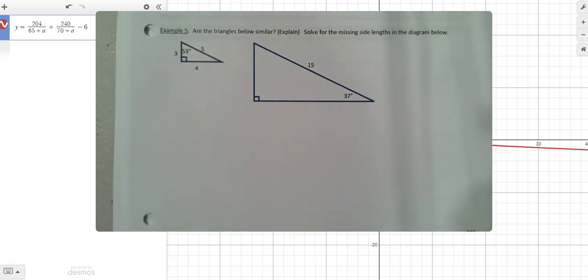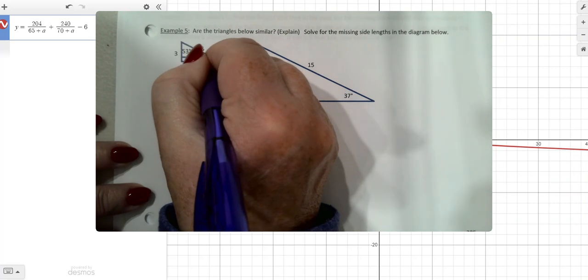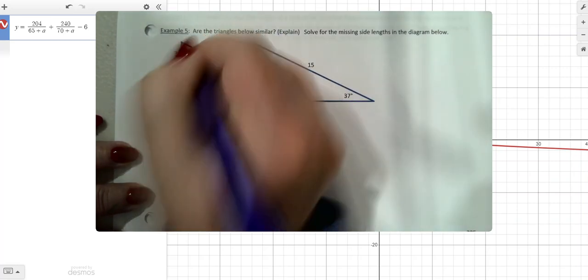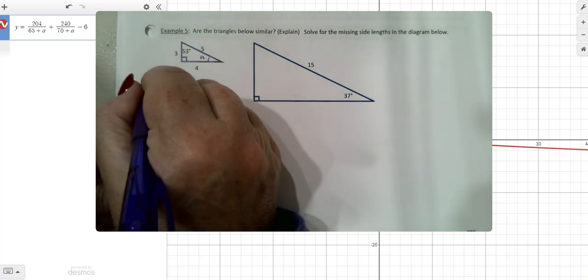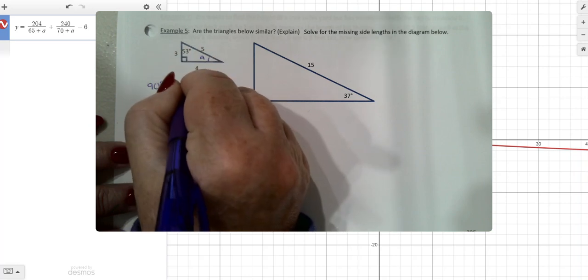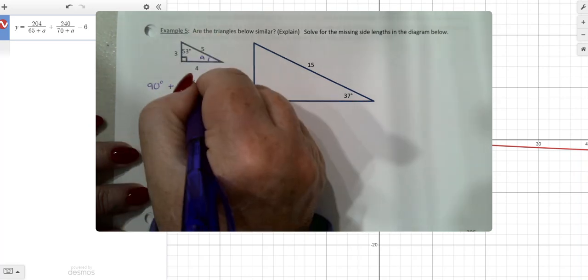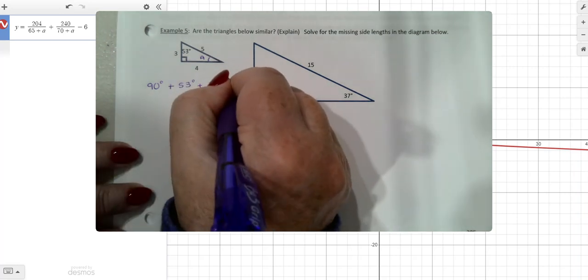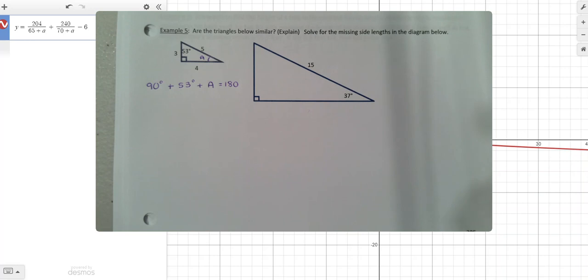The way to do that is to remember that we know something about the angles of a triangle, right? All the angles in a triangle have to add up to 180 degrees. So here I could say, if I just call this angle A for now, I could say 90 degrees for the right angle, plus 53 degrees for the one that was given, plus the A that I don't know, has to be 180.